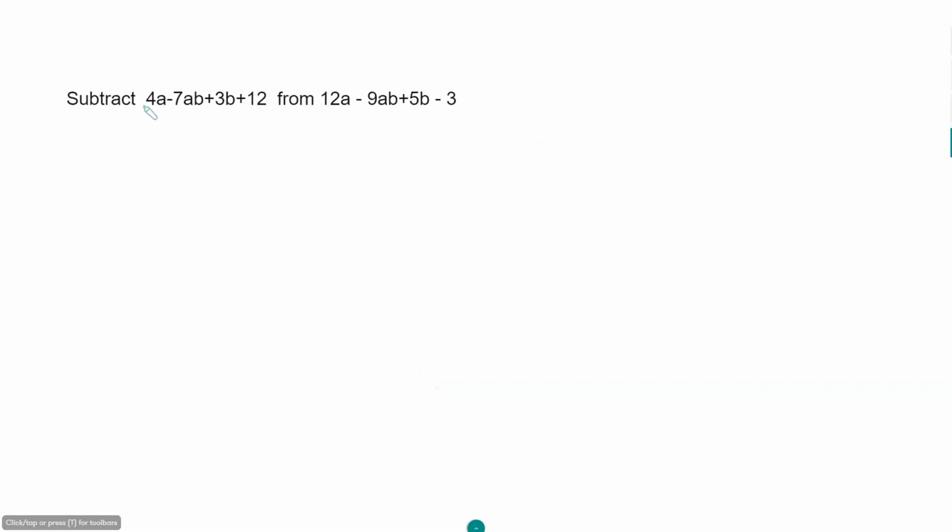Here's the first one. Subtract this expression from this expression. When you say subtract 10 from 25, you write this as 25 minus 10.